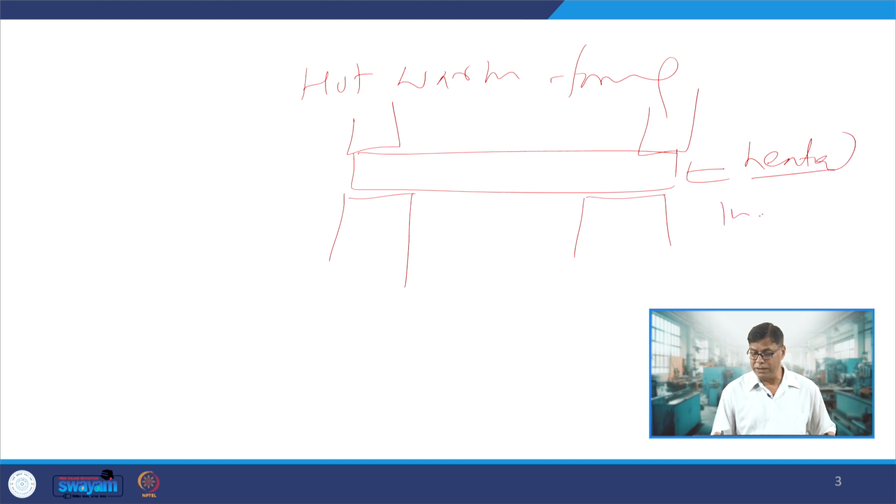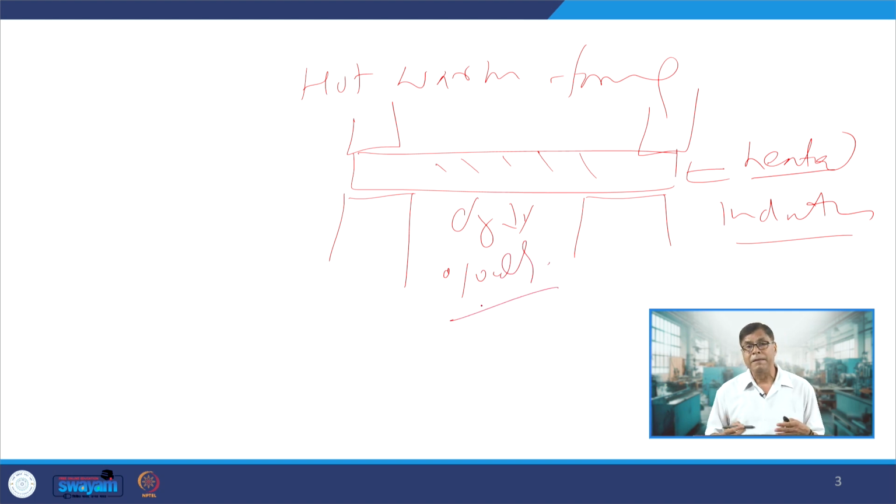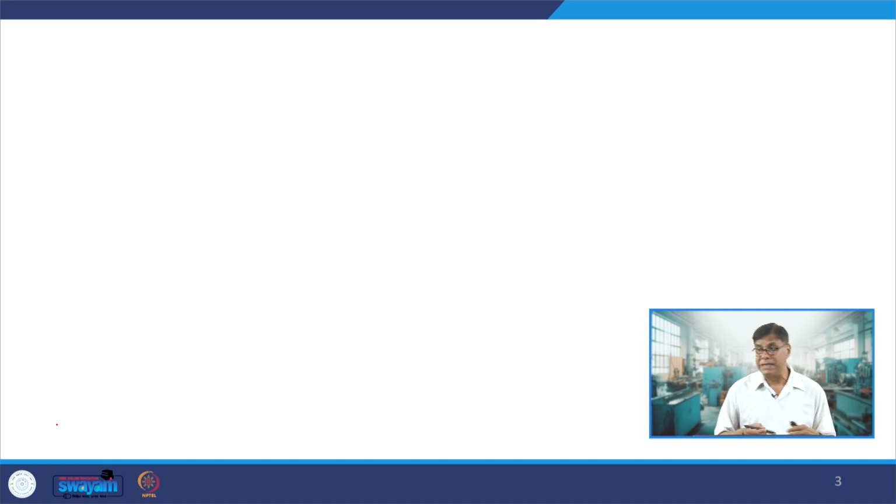We can use induction heaters for this purpose, and this will increase the temperature of the sheet metal, realizing reduced yield strength and increased percentage elongation, and that in turn will facilitate plastic deformation based sheet metal forming. Other than this, laser and other heat sources can also be used to increase the temperature of the sheet metal.